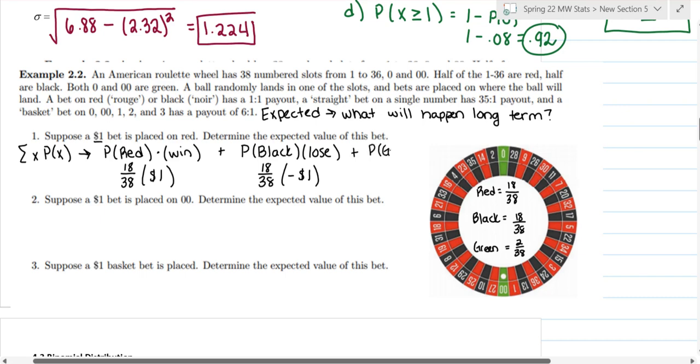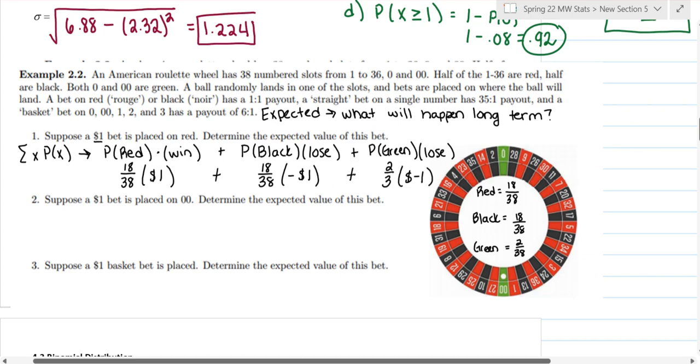Probability of green times lose, which is 2 out of 38. And I lose $1. Okay, so I'm adding the probability, which is this 18 out of 38, and then win or lose. Okay, my x, my expected value. So I add these together.